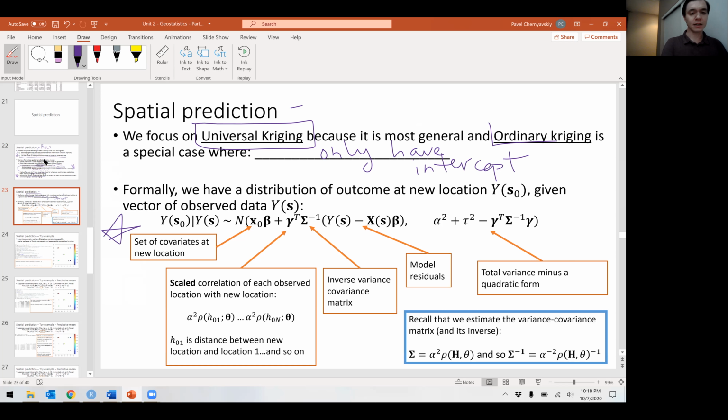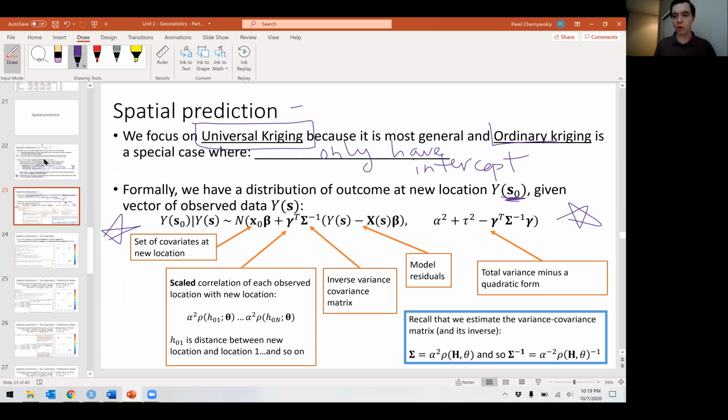And so we can take a look if we denote S0, S naught, as our new location and Y at S0 as our predicted value at an unobserved location, then here is the distribution of data at our new location or set of new locations.